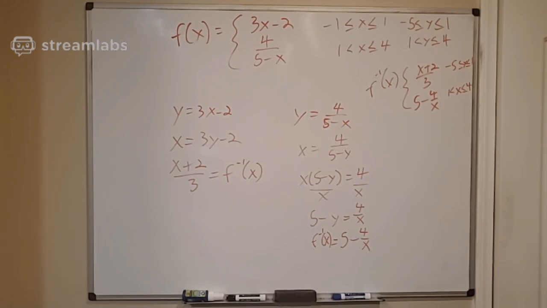Part C, for anybody who actually worked part C, do I need to find the inverse for you? Should be pretty straightforward, I think. So how do I find the domain of g inverse?